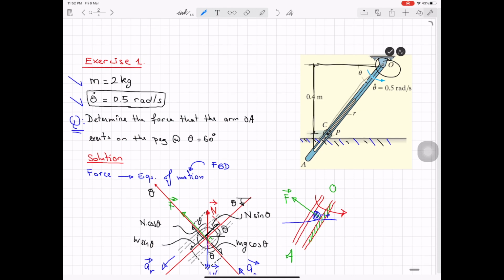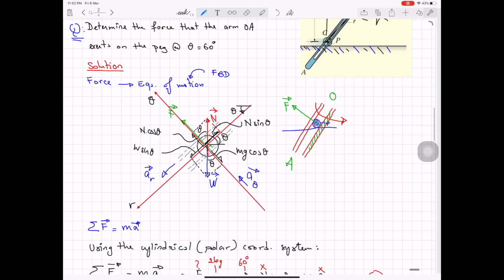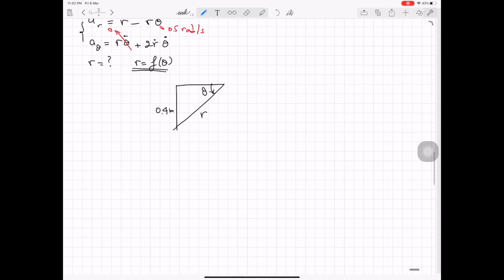So this is R, this is 0.4, and this is theta. Now if you calculate sine of the angle theta, it is equal to 0.4 divided by R. So R is equal to 0.4 divided by sine theta.